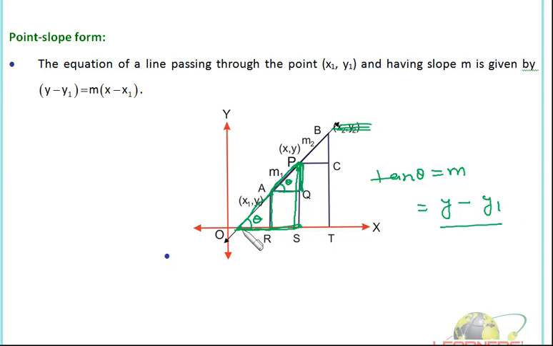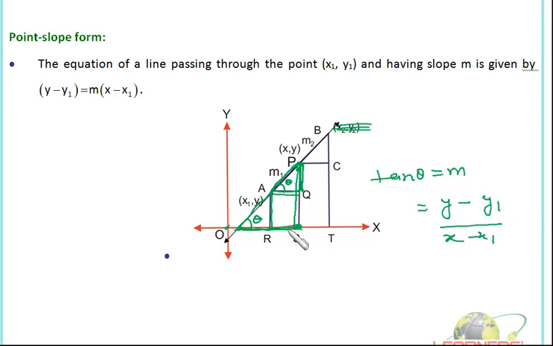From this point to this point the total length is x, and from this if we deduct this length, this is actually x1, then we'll be able to get this length, and this length is equal to this length. Getting my point? So we are finding out the dimensions of this triangle PAQ. The total height is y, from that we are deducting this height, that is y1, so we'll be able to get the length PQ, so that is y minus y1.